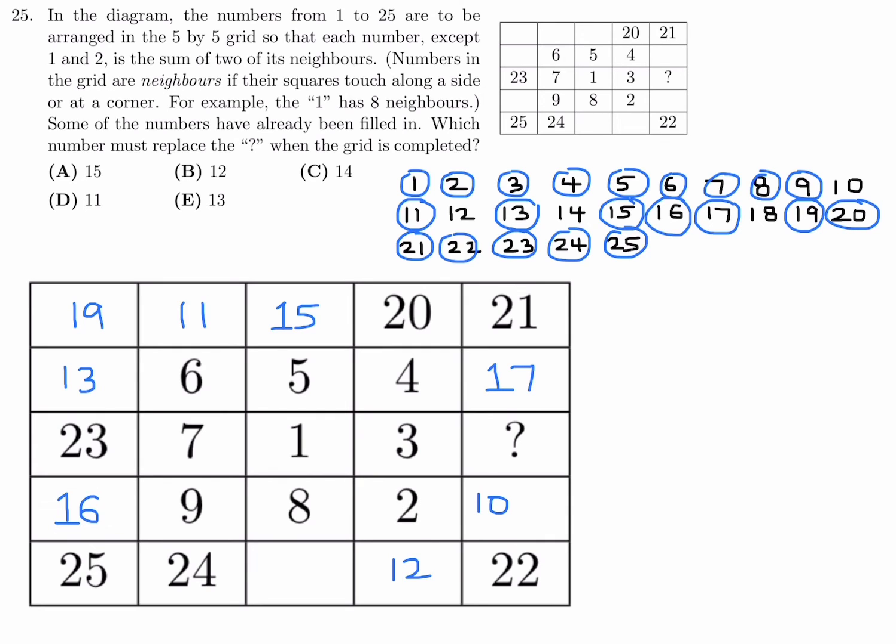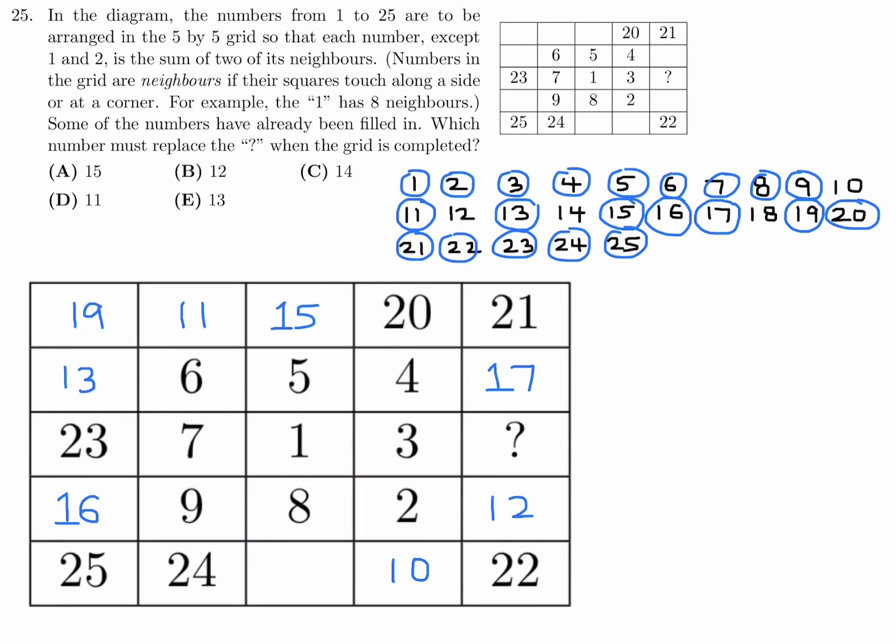But how will I get the 10? How will this 10 be made? Well, 2 plus 8, but 8 can't go there. 3 plus 7, but the 7 can't go there. So that 10 can't go there. So most likely it's a 12 here and the 10 there.